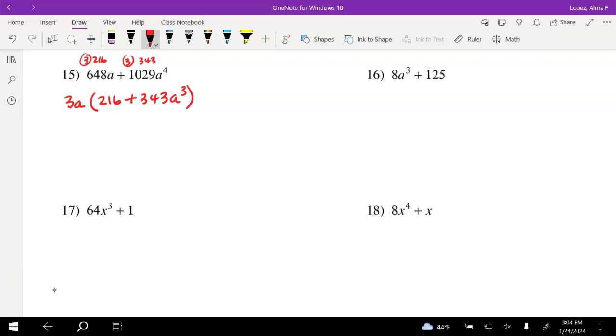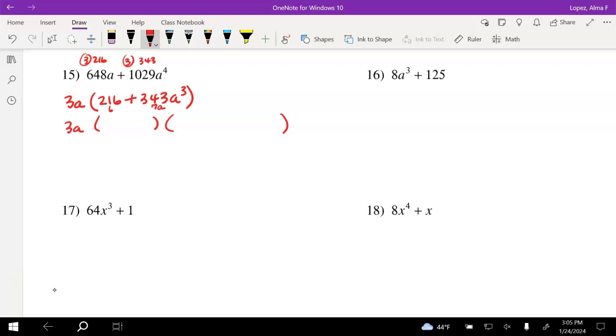Now that's the cube problem that we'll factor. That's going to factor into a two-term phrase and a three-term phrase. But first, we'll identify what's being cubed in each position. 216 is a 6 that's being cubed. 343 is a 7 that was cubed, and a cubed is an a.